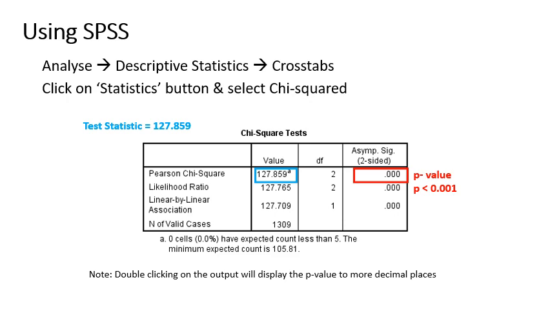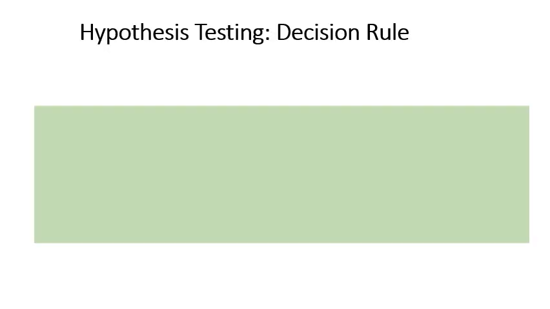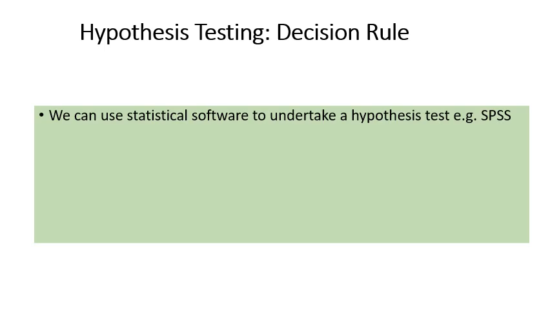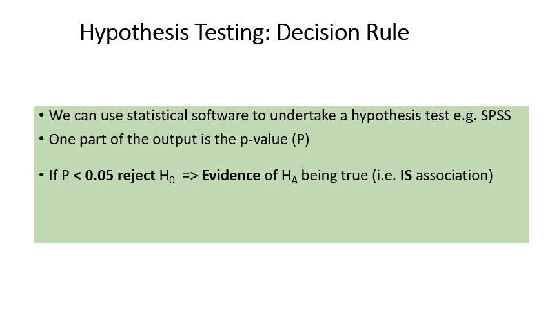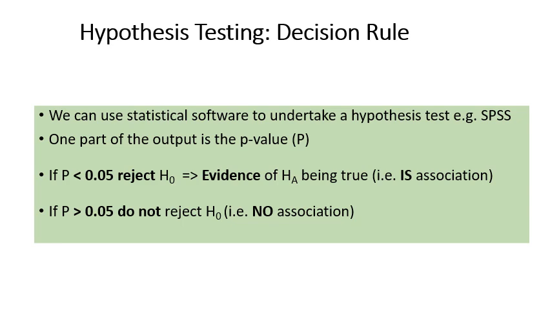Okay, so the hypothesis testing decision rule based on SPSS. We always have a default alpha of 0.05. When your p-value is less than 0.05, there is association, there is evidence. But if the p-value is greater than 0.05, there is no association, which means you accept the null or fail to reject the null.